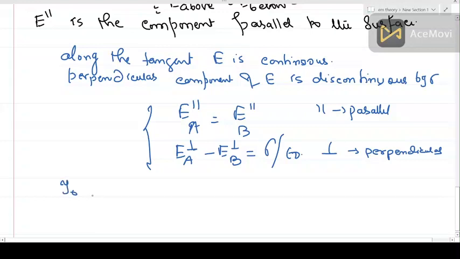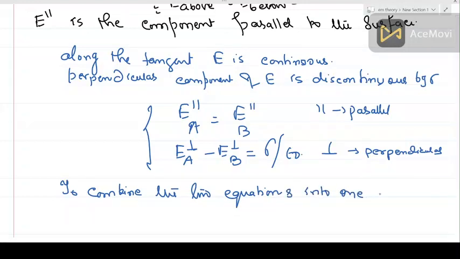To combine the two equations into one equation, we use the concept of unit normal.